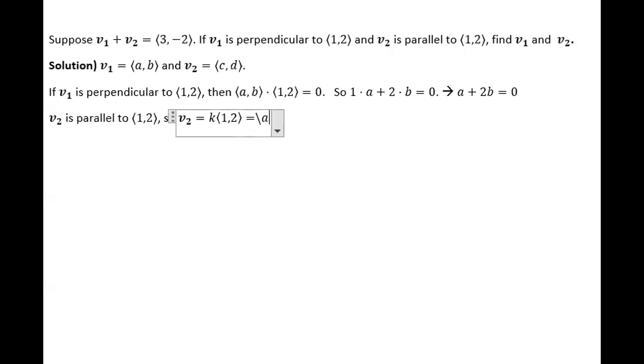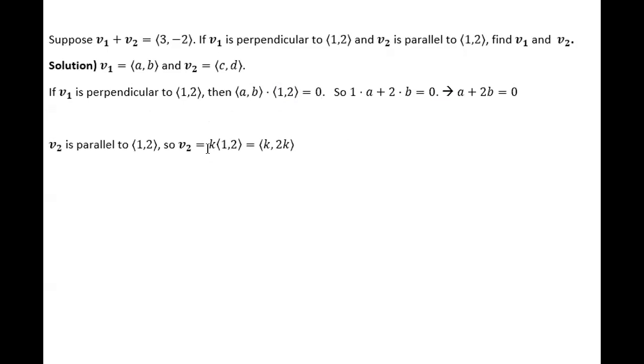This is (k, 2k). And let me just go back and add something. Since A plus 2B is 0, we know that A is equal to negative 2B.